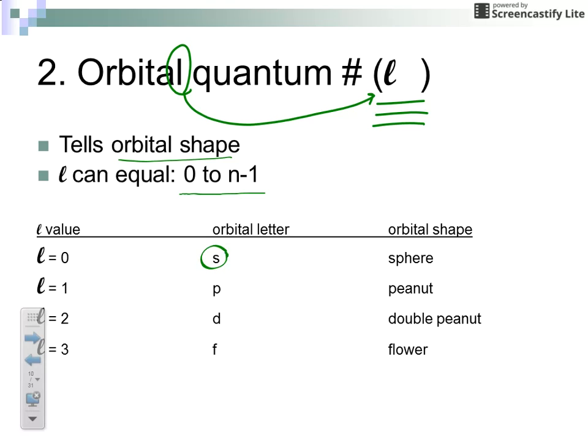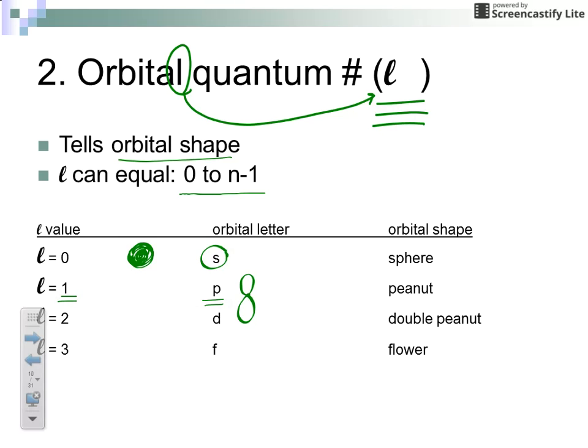The way I remember that is if you trace a sphere, it looks like a 0. If you have a p orbital, remember we said the p orbital looks like a peanut, L is always going to equal 1.